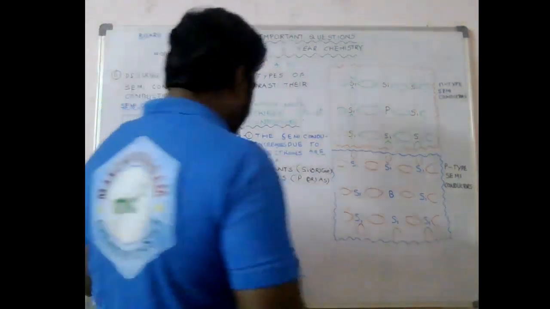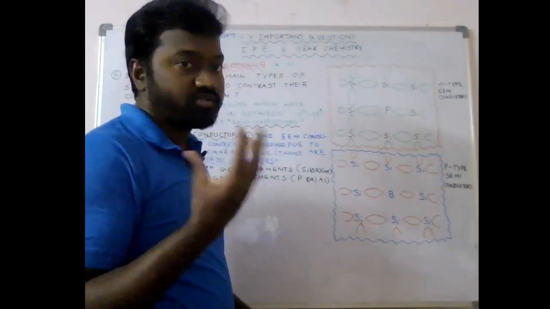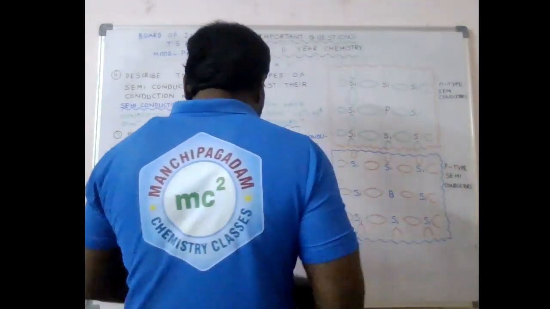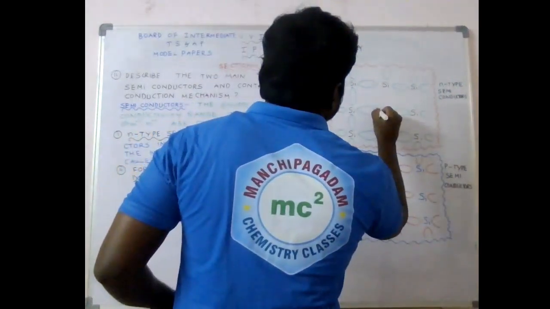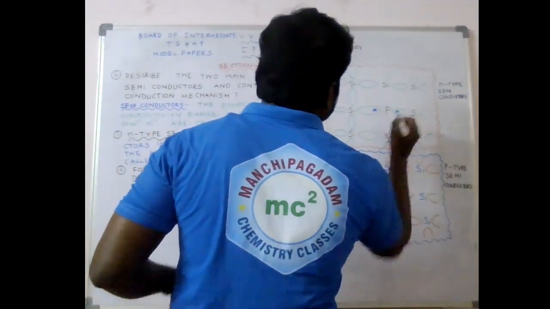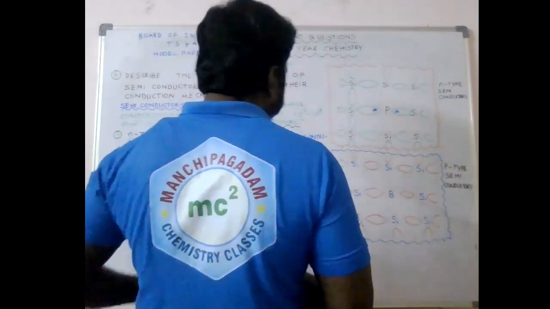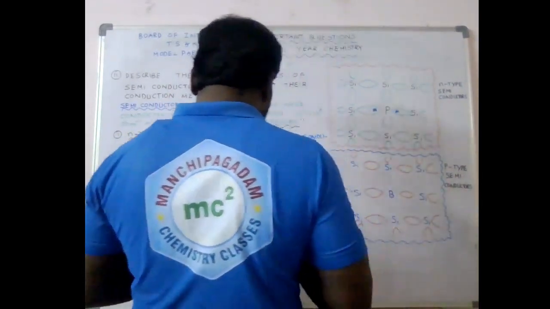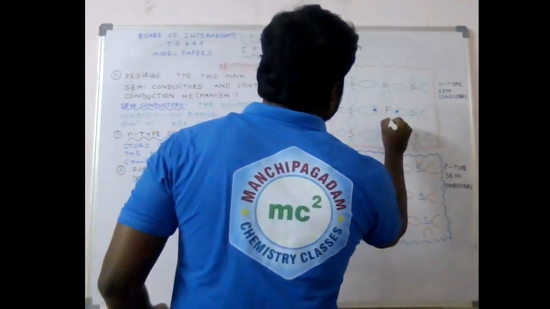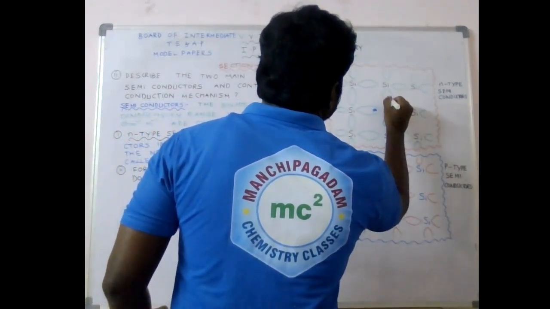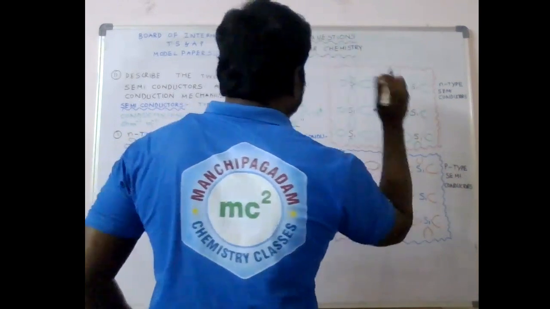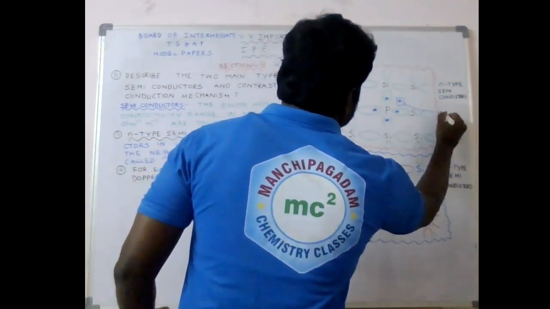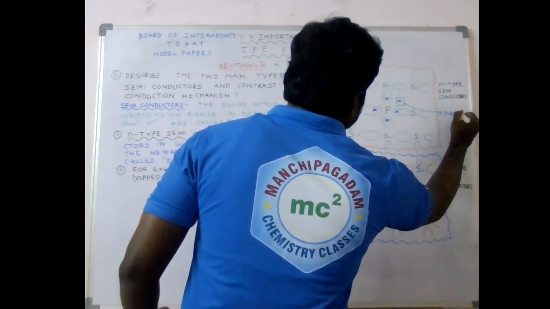So phosphorus contains how many electrons? 15th group means it contains 5 valence electrons. This is one electron of phosphorus, this is another electron of phosphorus, and so on. One more is also there; I am writing it as a free electron.